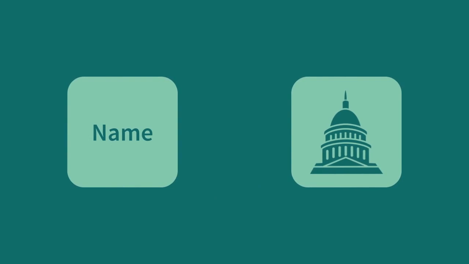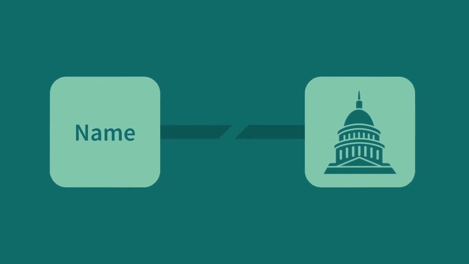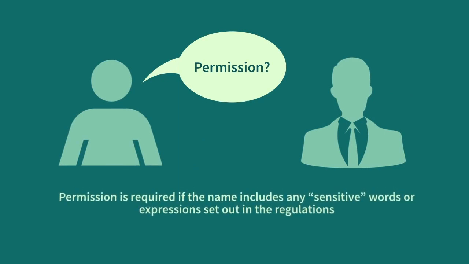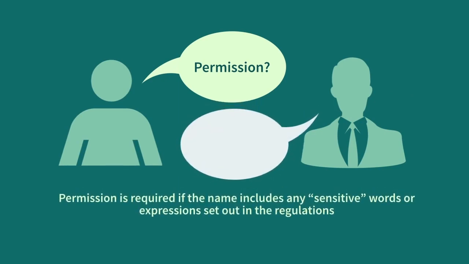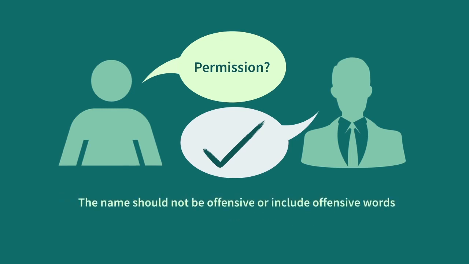Names cannot suggest a connection with HM government, a devolved government or administration, or a specified public authority. Permission is required if the name includes any sensitive words or expressions set out in the regulations. The name should not be offensive or include offensive words.